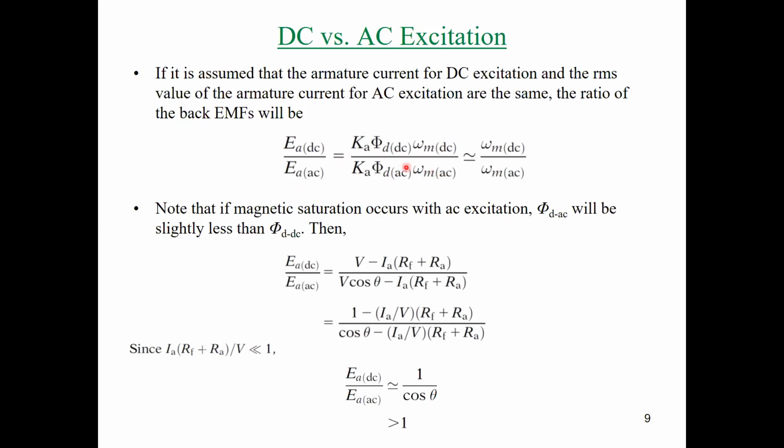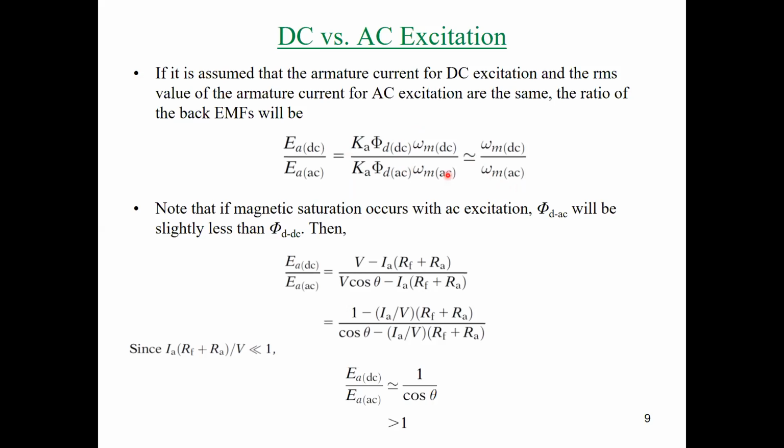If we assume the armature current for DC excitation and the root mean square value of armature current in AC excitation are the same, then we expect similar currents, and in this case Ka multiplied by phi for DC equals Ka multiplied by phi for AC.